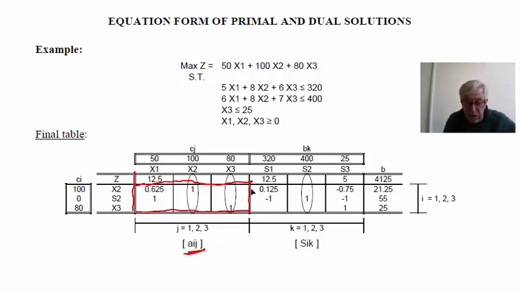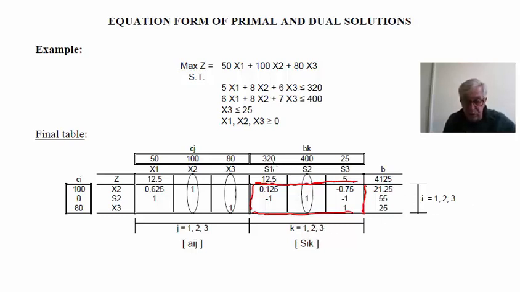And we have here the second part of the table, the part related with the slack variables that we need to introduce to transform the restrictions. So this is the second part of the table, which we are going to call SIK. I for the lines of the restrictions, it goes from 1 to 3, and K for the column.